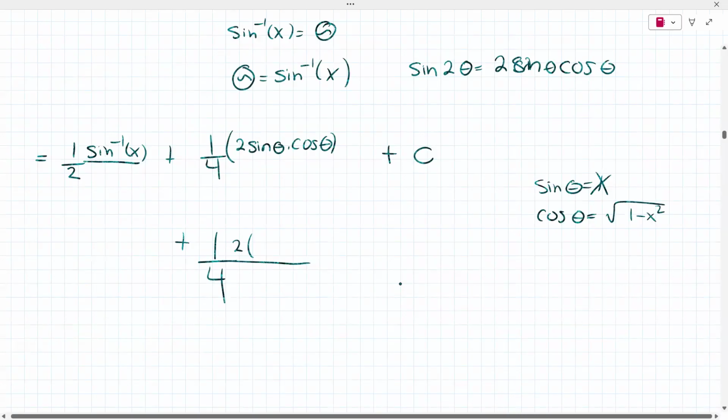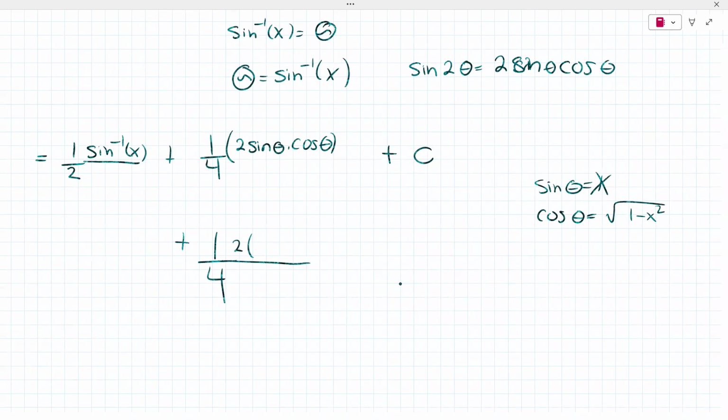Okay, so we got all that from that triangle. So it's going to be 1/2 times 2 sine theta is x times cosine theta is square root of 1 minus x squared plus c.